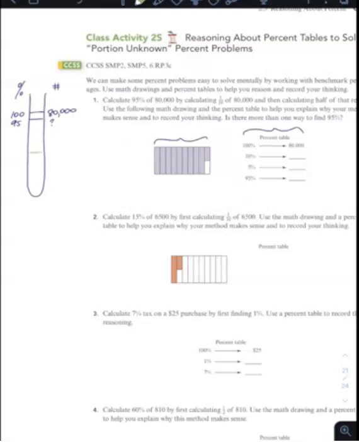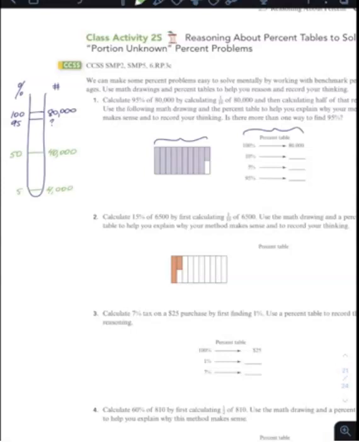Lots of ways we can do this, but one of these ways, for example, is to say, all right, well, I know that 40,000 is 50%. It's half. Well, if 40,000 is 50%, I could also figure out how much 5% is, and that's 4,000.